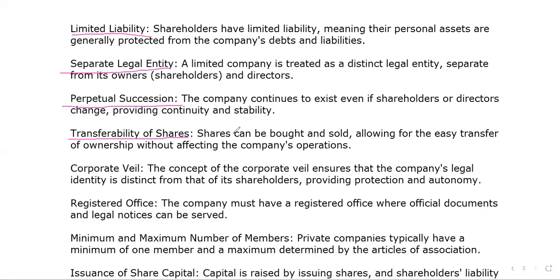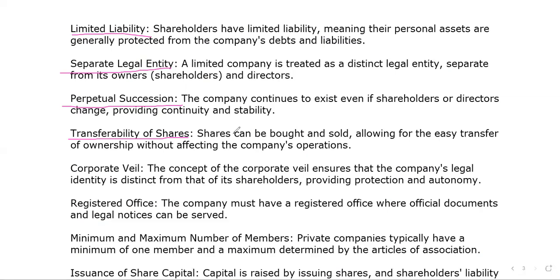There's also a component of corporate veil. So this concept of corporate veil ensures that the company's legal identity is distinct from the shareholders and providing protection and autonomy. So sometimes the law will allow you lifting the veil like a curtain. So sometimes shareholders or directors would want to misbehave because they're working in the name of the company.